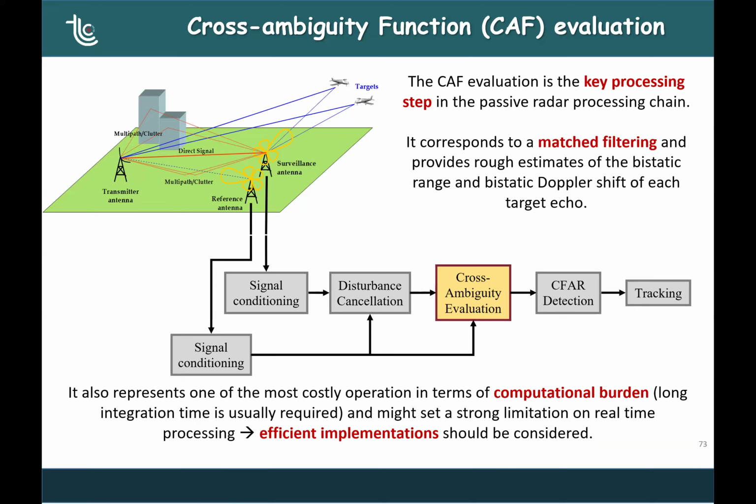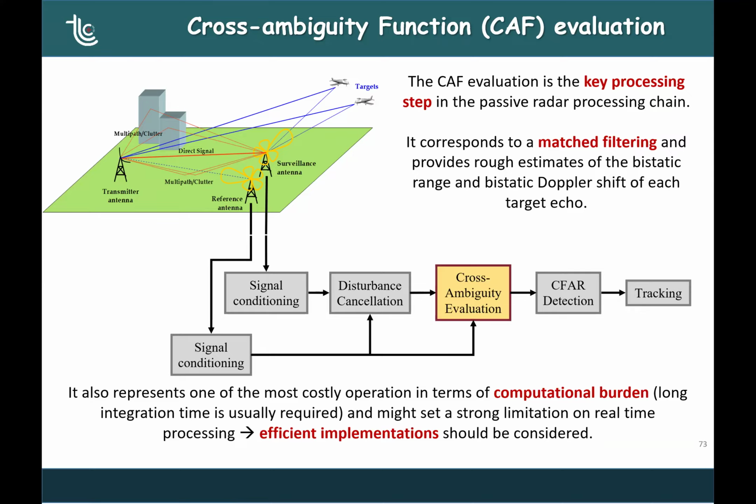The problem is that we have a long integration time, and we have multiple copies of the reference signal multiplied by different Doppler frequency shifts, and multiple Doppler frequencies, in order to build the cross ambiguity function.